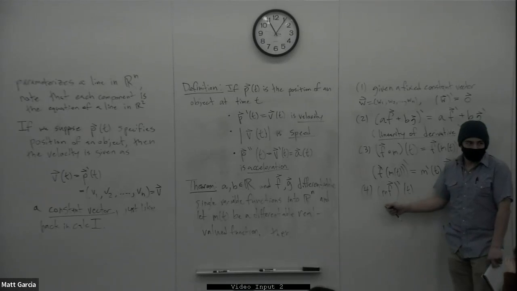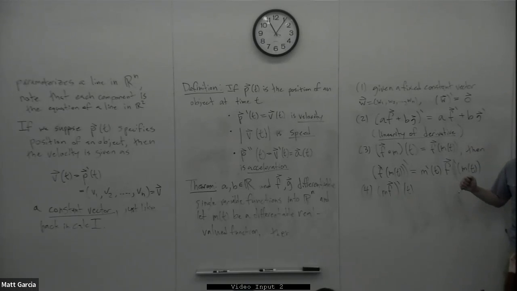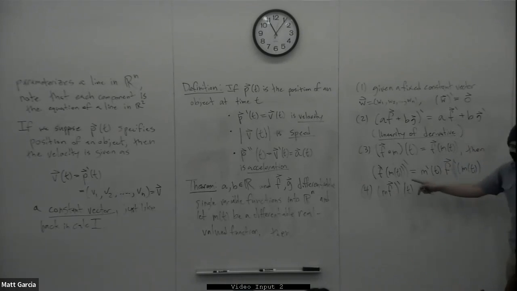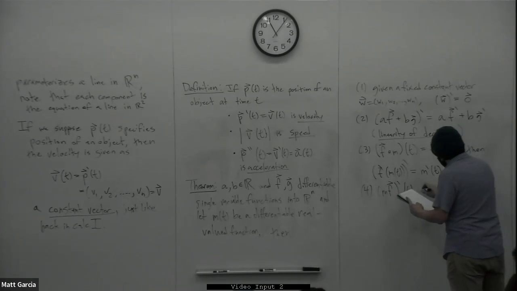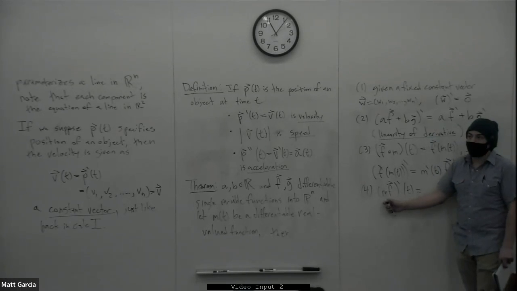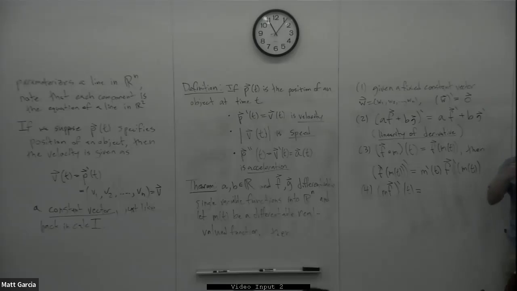I can just take t and evaluate m at t and f hat at t, and scale f hat of t by m of t. That's what this notation means. Okay, suppose I want to take the derivative of this function. Well, this is a scalar product. How do I take the derivative of a product?